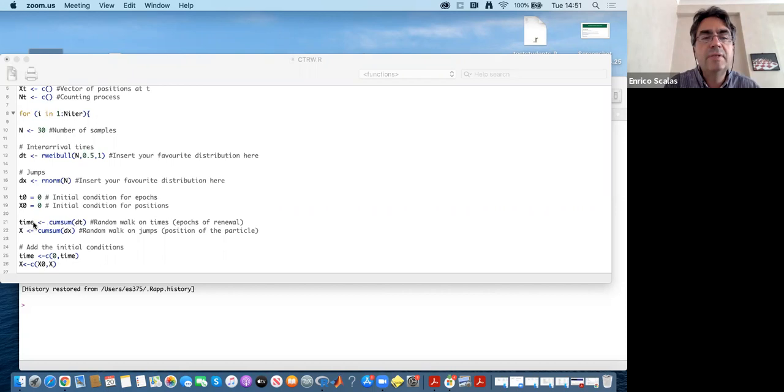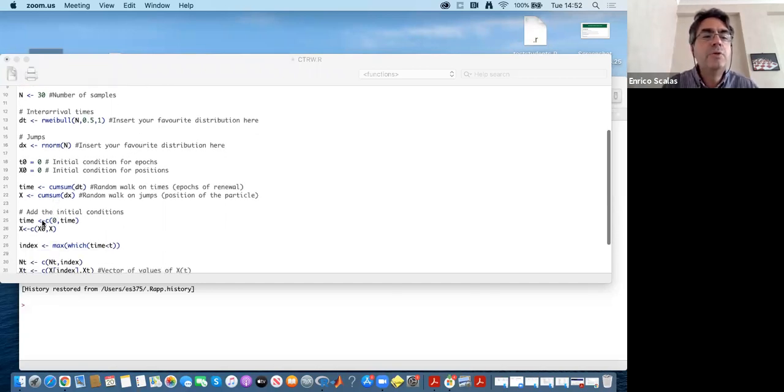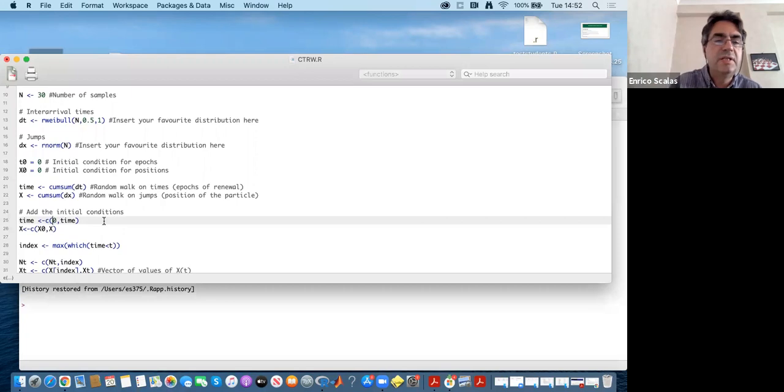So time is giving us the Tn's, and x is giving us the cumulative sum of the jumps. By using the c command, we add the 0 at the beginning. You do the same with x.